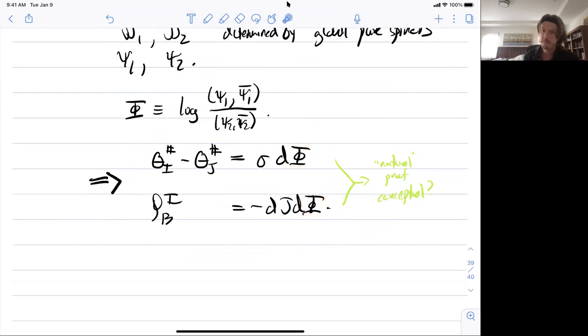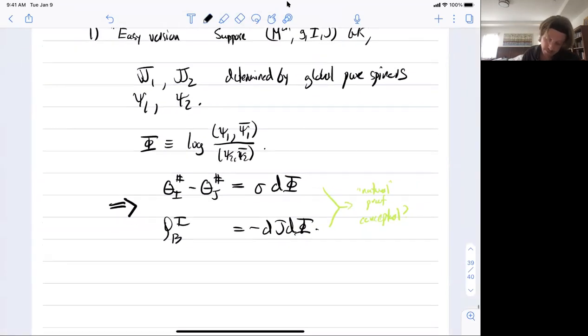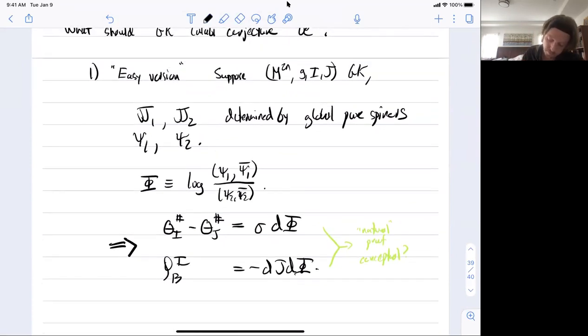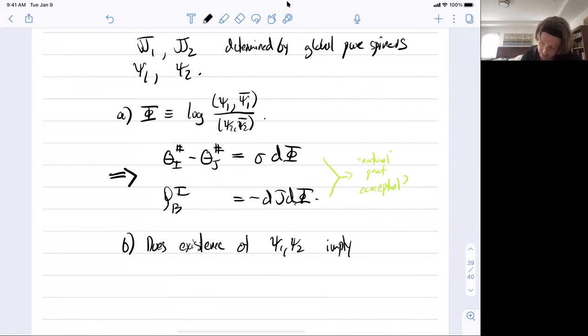Okay. Another basic point, which is not, at least to my eyes, and let me just label this A, completely settled, is: does the existence of psi1, psi2 imply that this first Chern class is zero in the Bott-Chern sense?